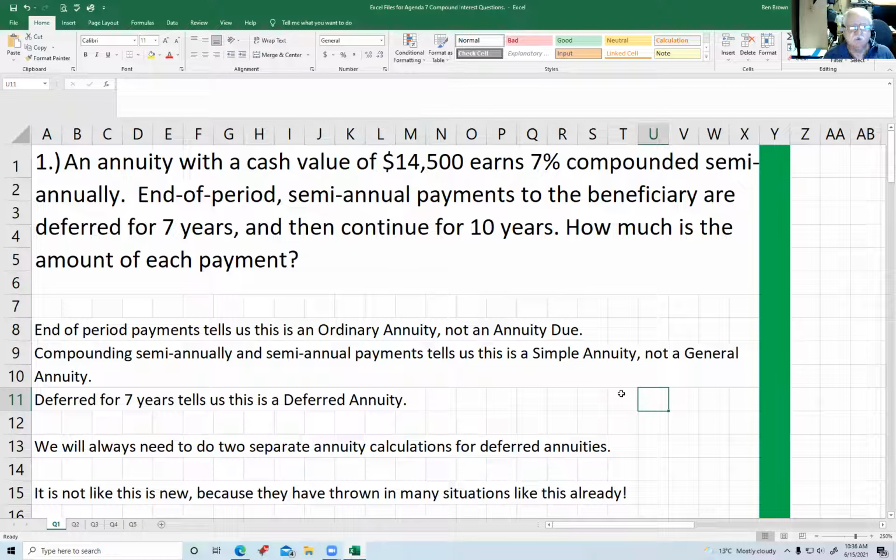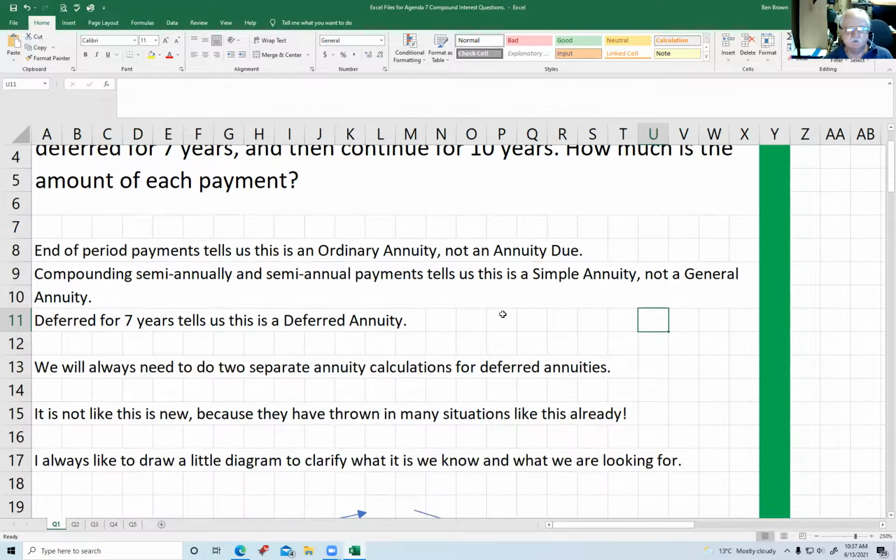One situation is somebody puts a chunk of money into an investment. They wait a certain period of time. That's called the deferment. And then payments come out. That's the annuity period. The other situation is somebody borrows a bunch of money and they don't have to make payments for a certain amount of time. That's the deferment period. And then they have to pay it off. That's the annuity period. But graphically, these both basically look the same.